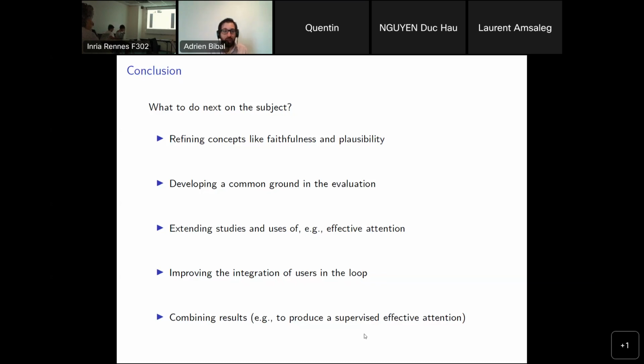But what's interesting is that before this debate, most papers considered attention as a way to explain the model. So just before 2019, you could find many papers using attention as explanation. Ah, okay. But it was a mistake because attention was not designed for this.